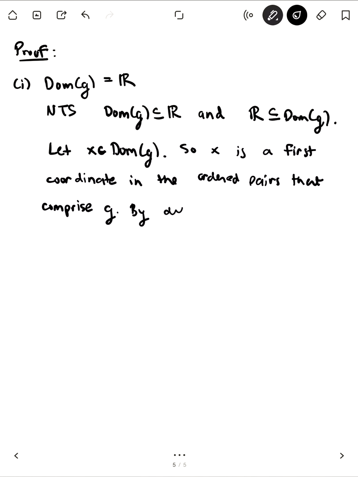By definition of g, x is a real number. So the domain of g is a subset of R.